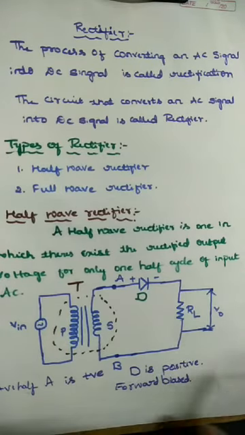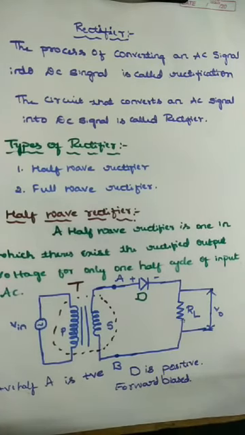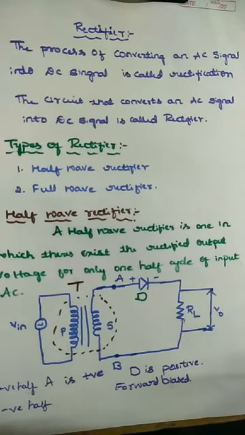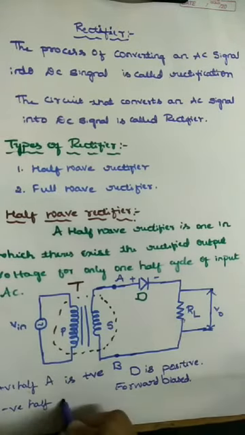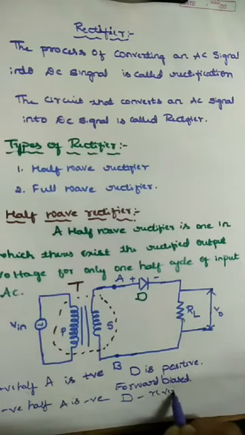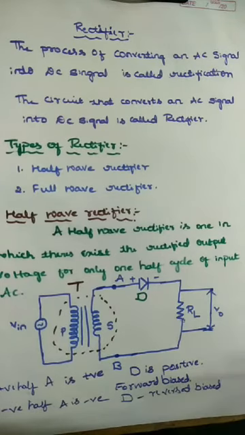Similarly, during the negative half cycle, A is negative, hence the diode D is reverse biased, and it does not conduct.